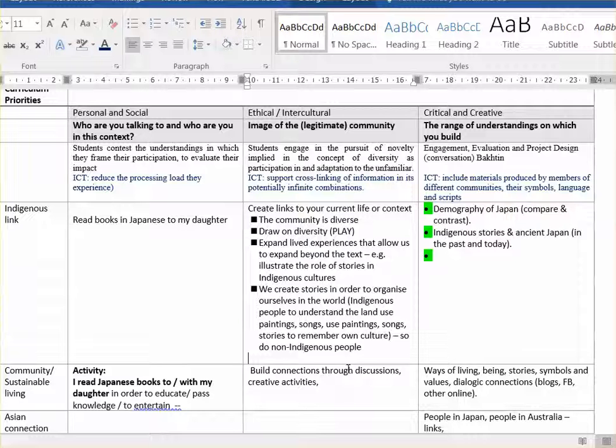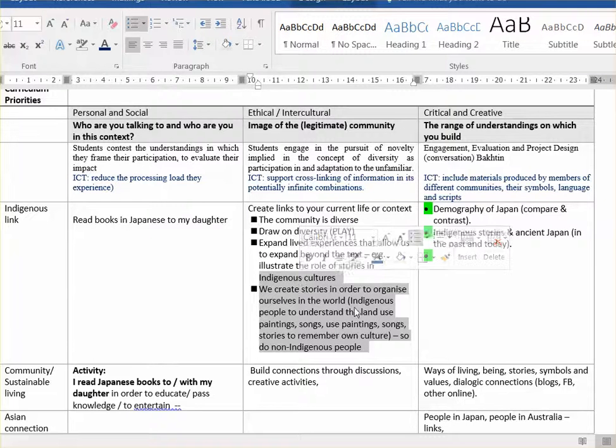So basically what in this column we should have is how we can engage students in reflecting about the ethical and intercultural connections they create with the people they will engage with.